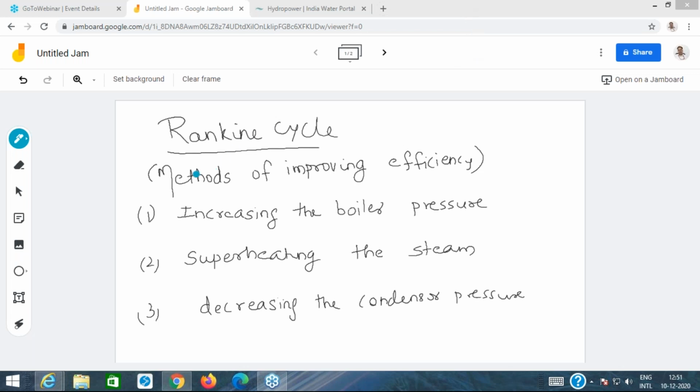We had discussed the concept of mean temperature of heat addition. In the last lecture, I discussed the concept of mean temperature of heat addition. So what is that concept? Anybody?